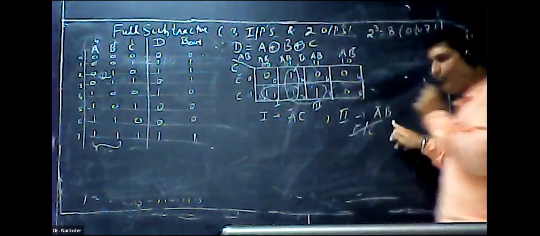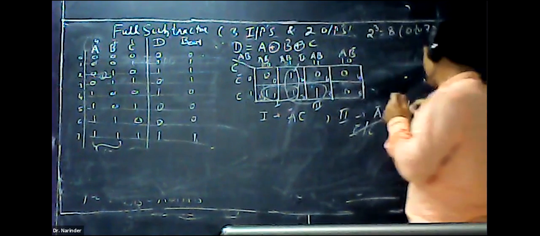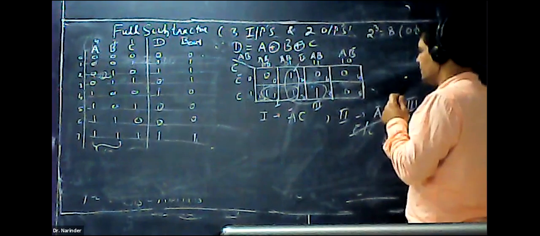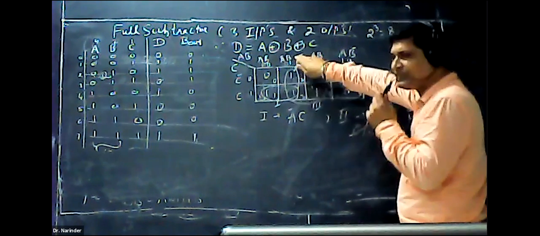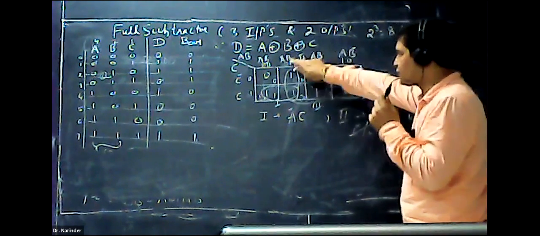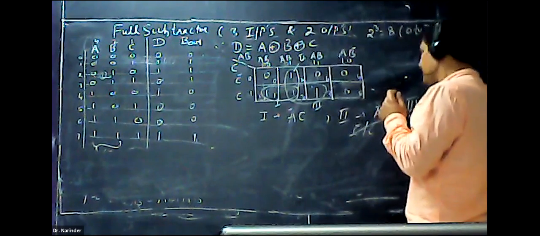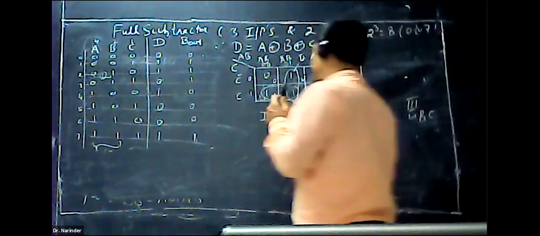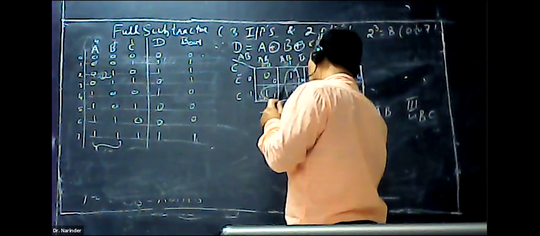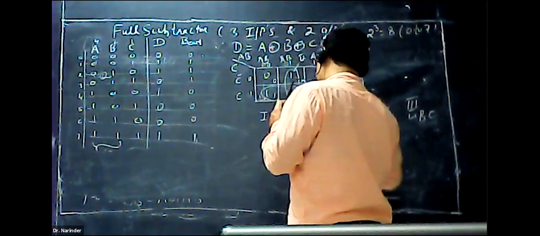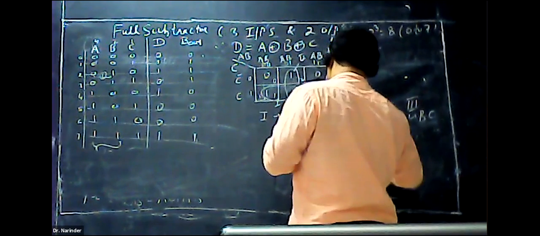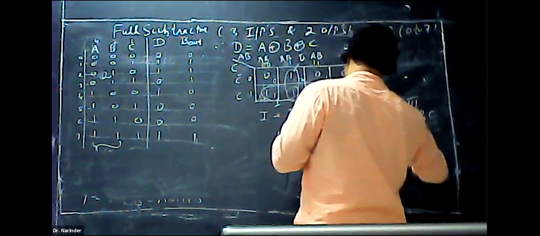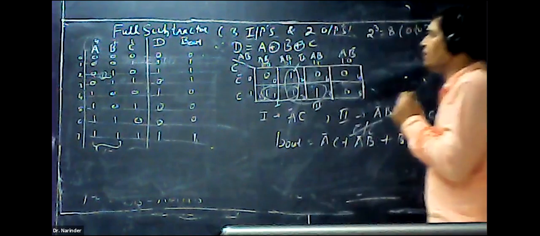So your expression would be A bar B. For the third one, this side is A bar B. This side is AB, which has B common. Right here, B. And this side is C. So your result would be BC. And you can write the borrow out as A bar C plus A bar B plus BC. This would be your borrow out.